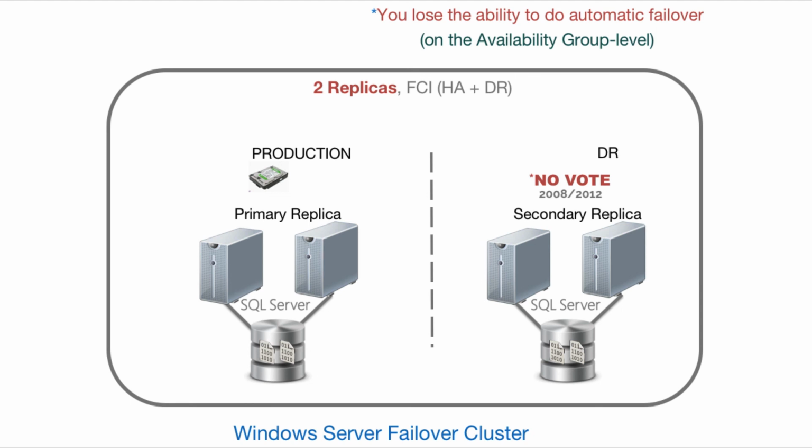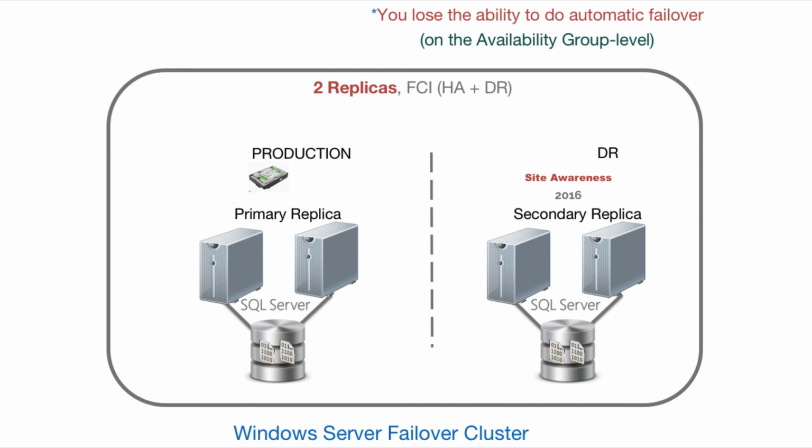In terms of the quorum configuration, if it's a Windows Server 2008 or 2012, you can configure those 2 nodes in the DR data center without any vote. Or if it's a Windows Server 2012 R2, you would configure lower quorum priority node ID to be those 2 nodes in the DR data center. If it's 2016, you can configure site awareness.